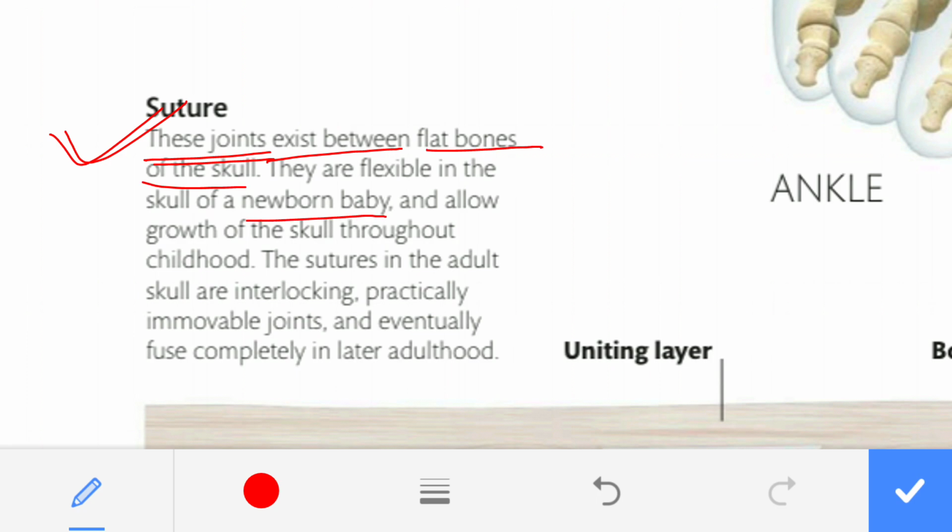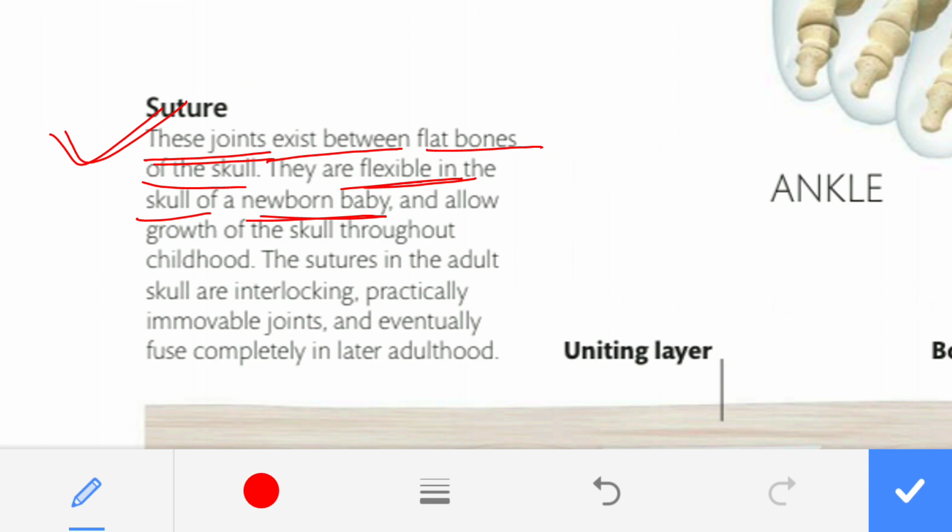Now in the newborn baby, these sutures are flexible in the skull because in childhood the bones are growing.